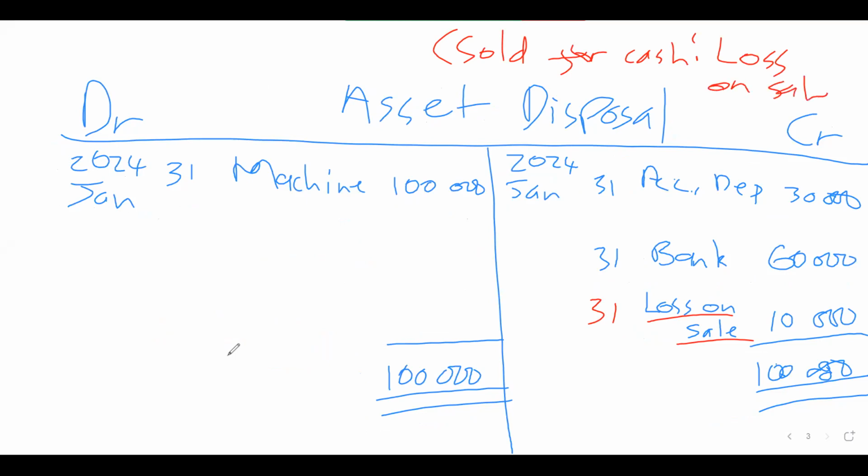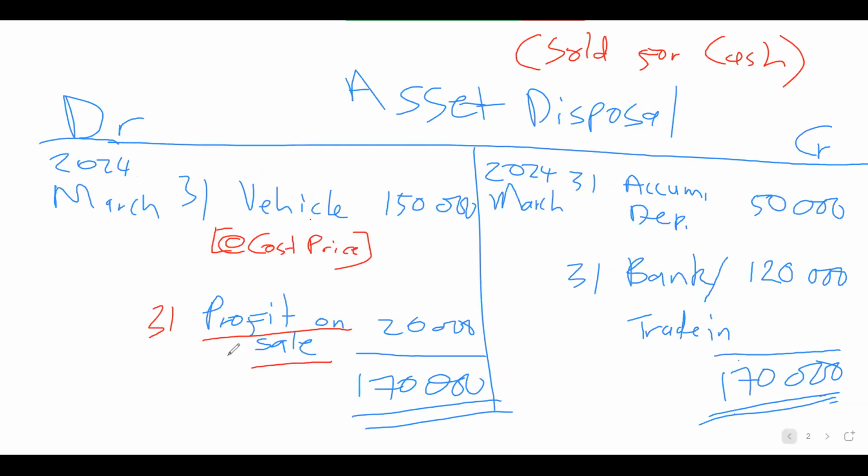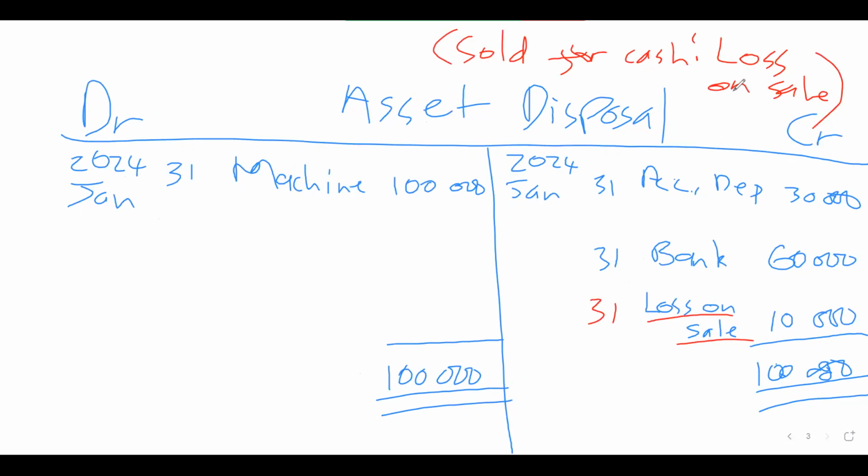I'm going to show you examples where it's not sold for cash and there's a profit or a loss. So in this case, there was a profit on sale.